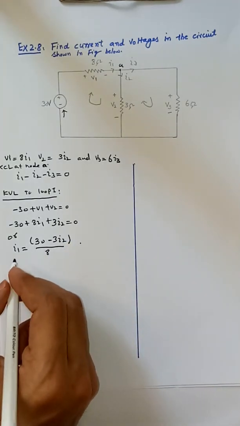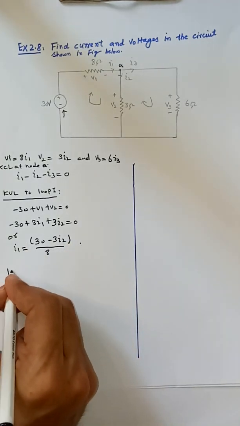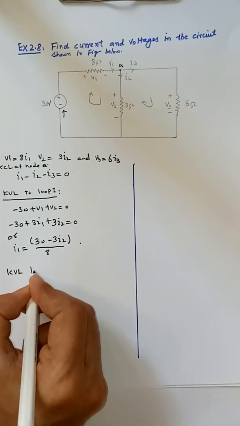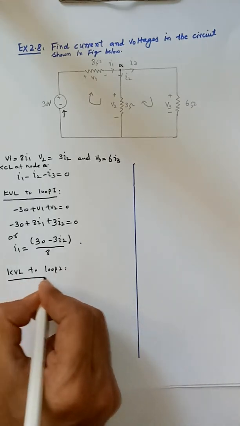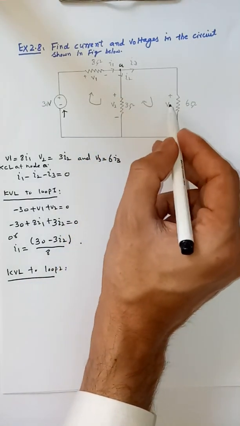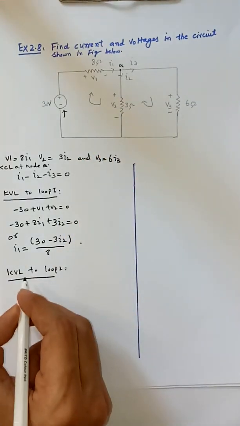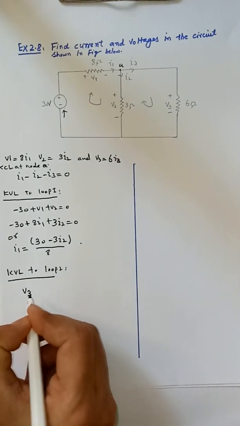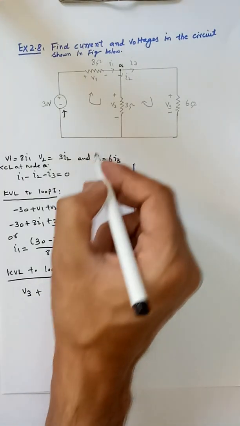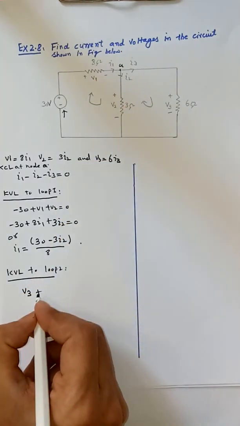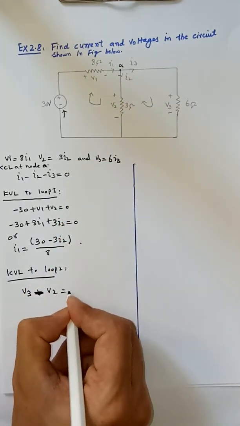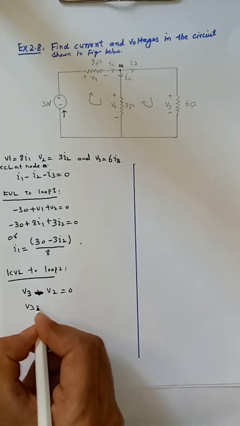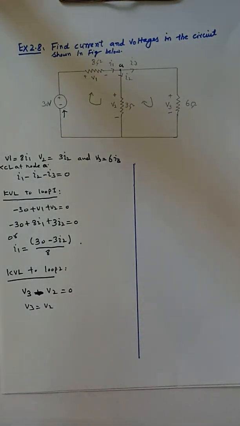Now applying KVL to loop 2, in loop 2 we have two voltages, V3 and minus V2, equal to 0, or V3 equals V2.